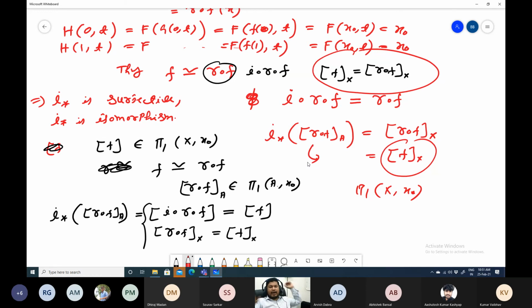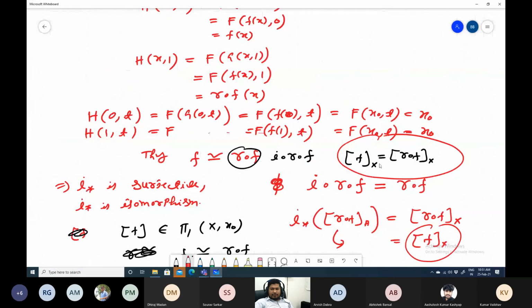Therefore, i star is surjective. Now is it clear? Yes, sir. Good. That is a very good suggestion. If we write in this way, then everything is done.